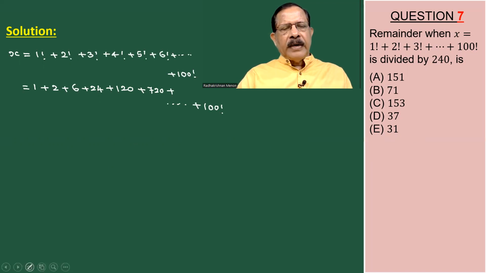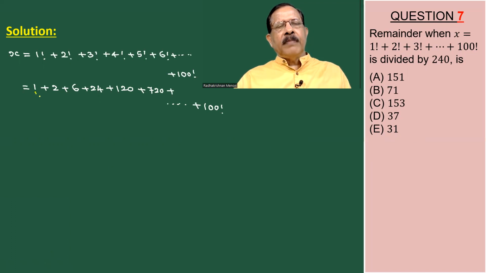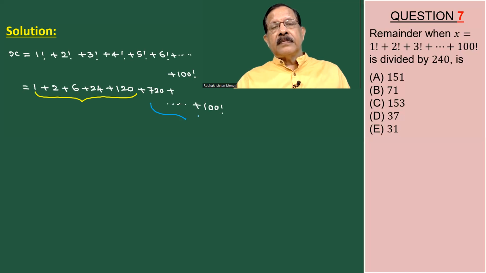Now, when we consider the numbers from 720 onwards, 240 is a common factor for all these numbers, including 720 and after 720. So we can write it as 240K.